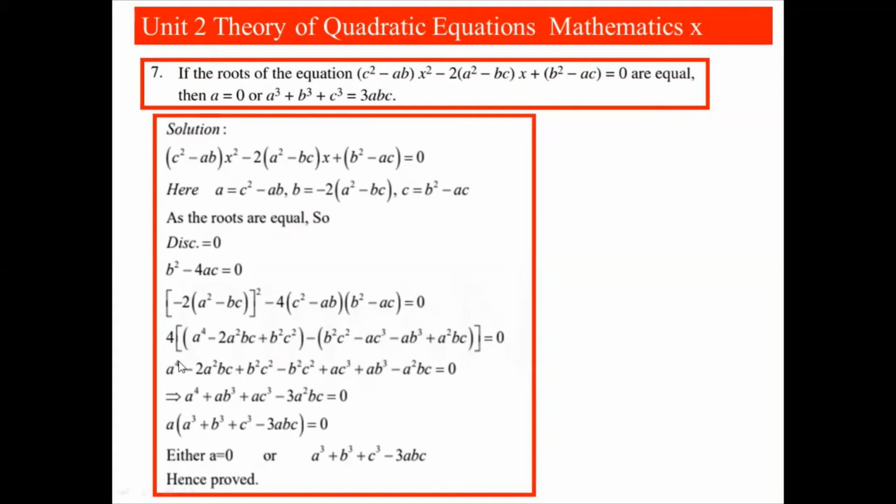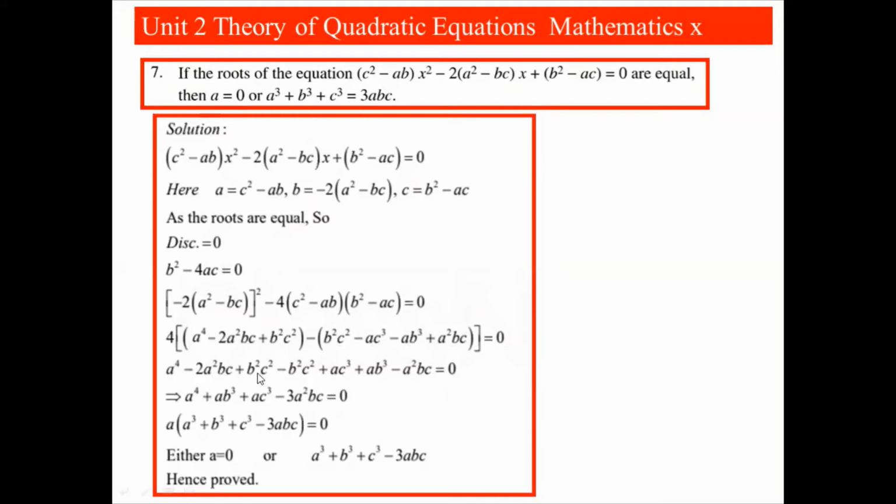Now we have to divide by 4 on both sides. After dividing, we have this form of the equation. Now we have to multiply this minus and open the bracket. When we multiply with this minus, we have to change the sign of each term. So we have a4 minus 2a square bc plus b square c square minus b square c square plus ac cube plus ab cube minus a square bc is equal to 0.